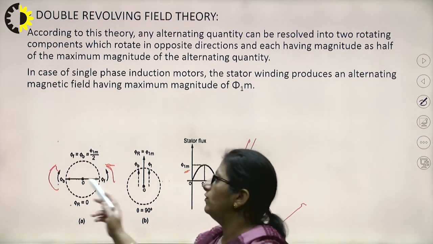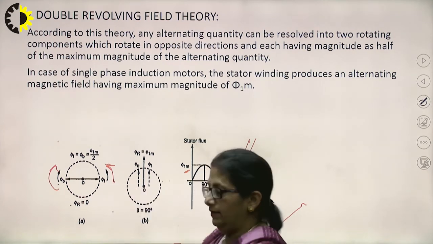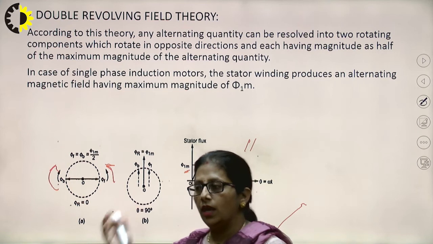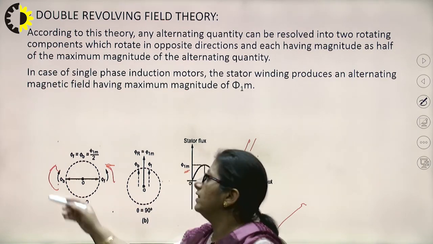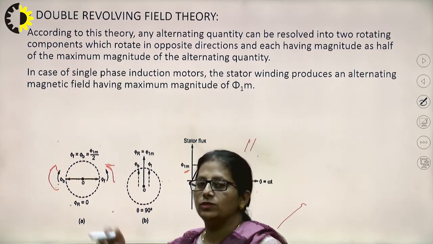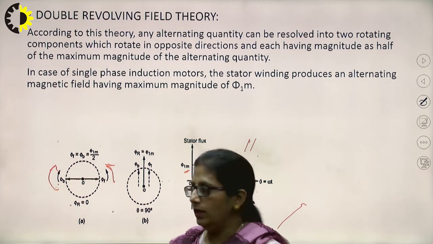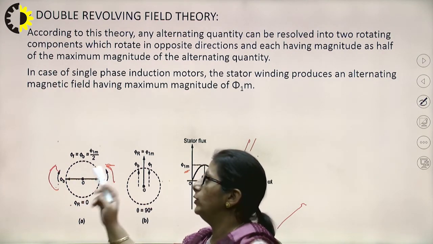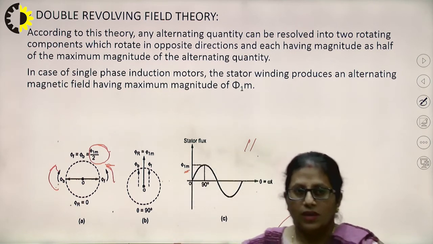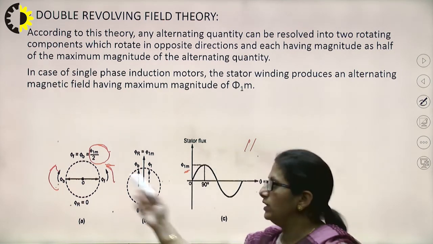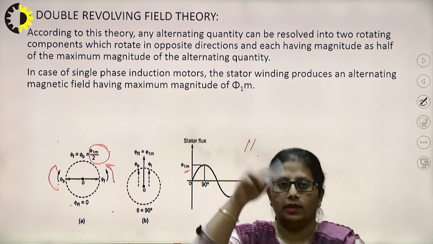So I am resolving them into two components. One is φf, the flux which is moving in anti-clockwise direction, which I am calling the forward flux, and the flux φb, which is moving in clockwise direction, I am calling the backward flux, right. Both of these have magnitudes of half of the maximum, φm by 2, right. Both of these fluxes are rotating with a speed of NS, giving an interpretation of a rotating magnetic field.